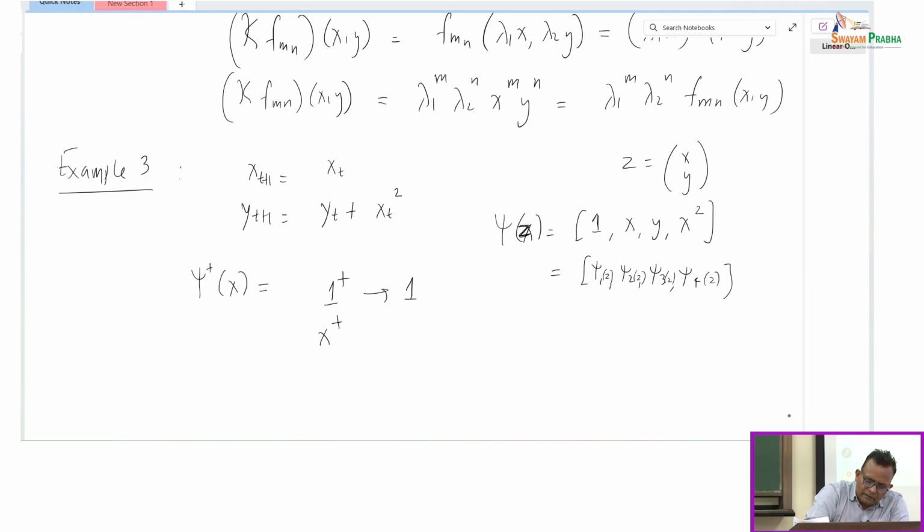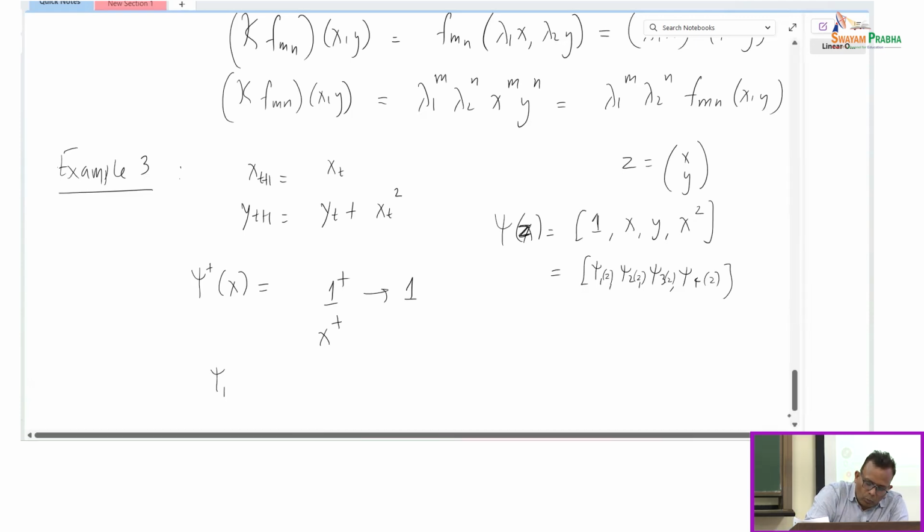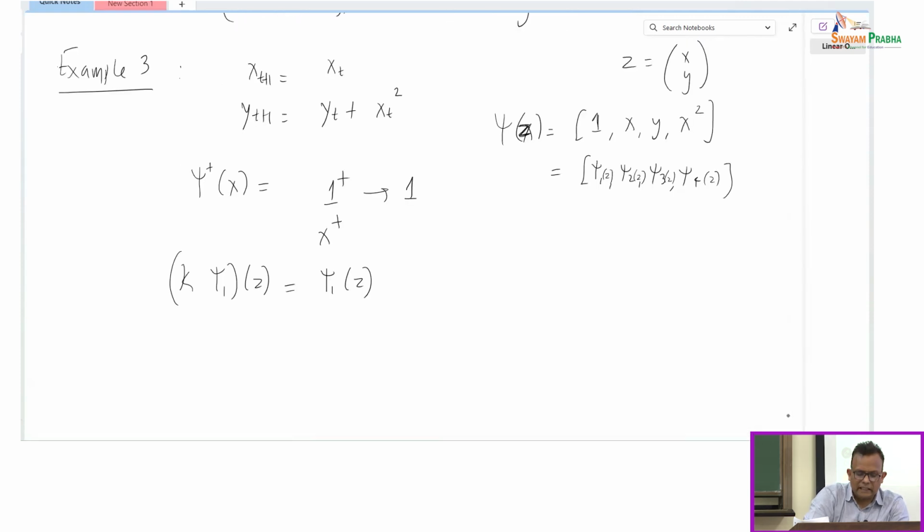So now what is the Koopman operator acting on psi 1 of z? It will be just psi 1 of z, right? Because psi 1 is just 1, and Koopman acting on 1 will just give you 1.